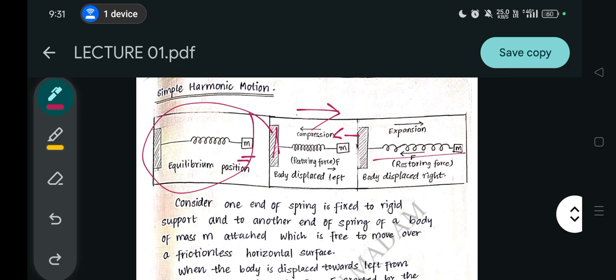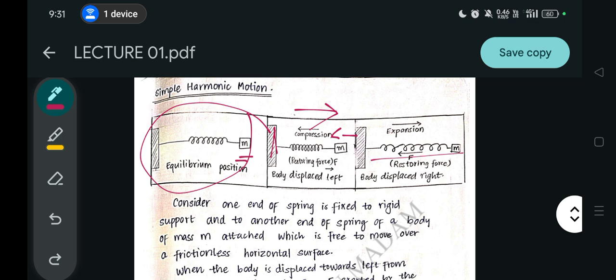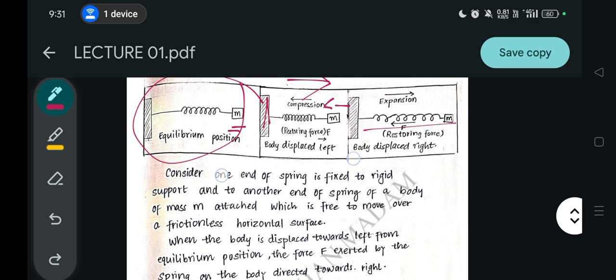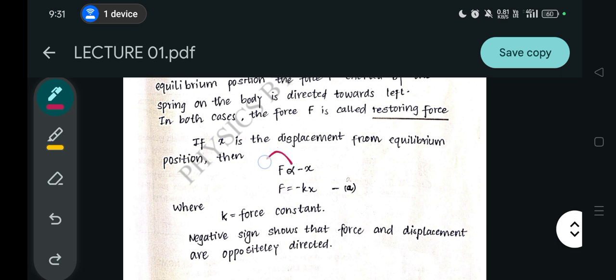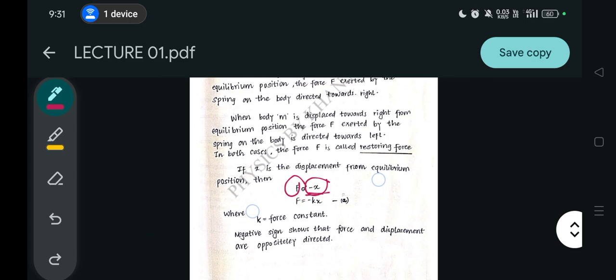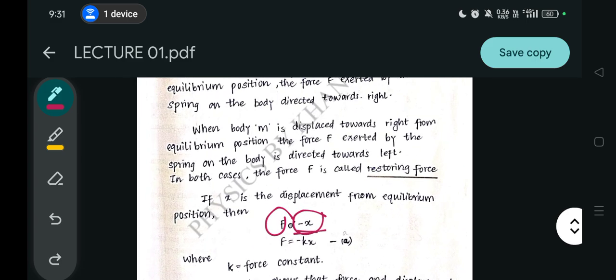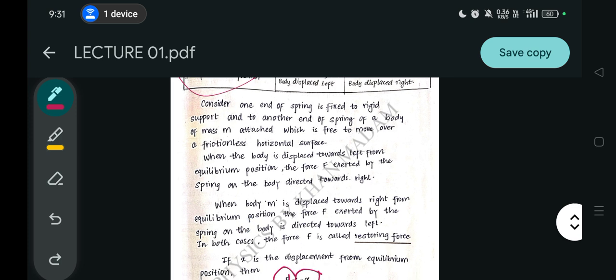Since in both cases the restoring force is in the opposite direction to the applied force, that is the displacement, we can represent it as: this force is directly proportional to displacement, but the negative sign shows that it is in the opposite direction. Let us keep this as equation number 1.